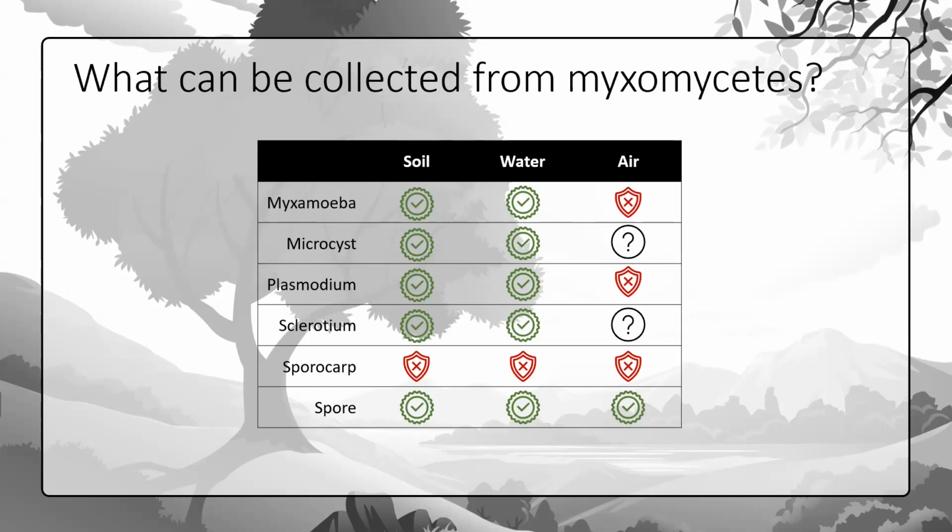Myxocysts and sclerotia are expected on the ground, on the soil, but due to some accidents or circumstances, of course, these small particles can become airborne and fly some distances just because of their small sizes. Therefore, certain particles can fly a few meters and then can be collected.